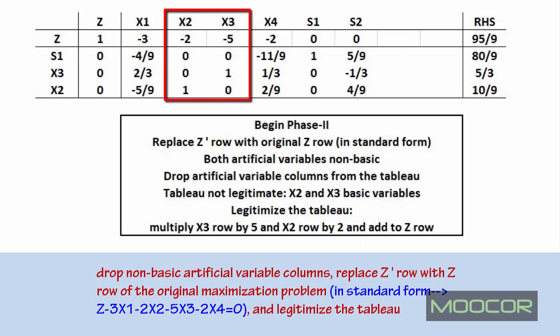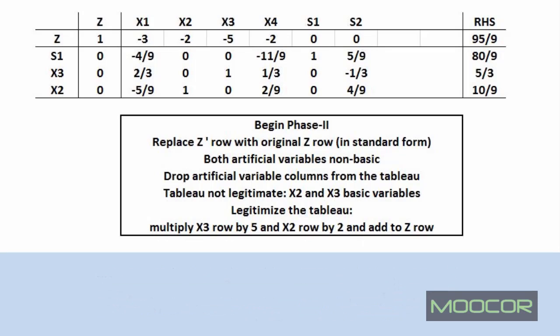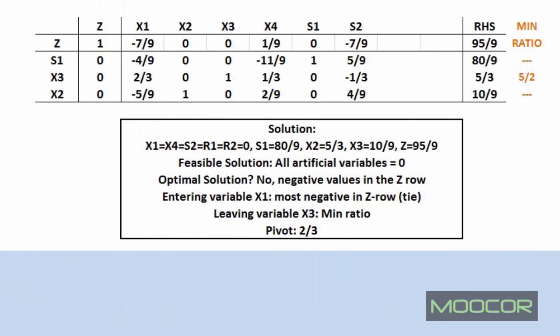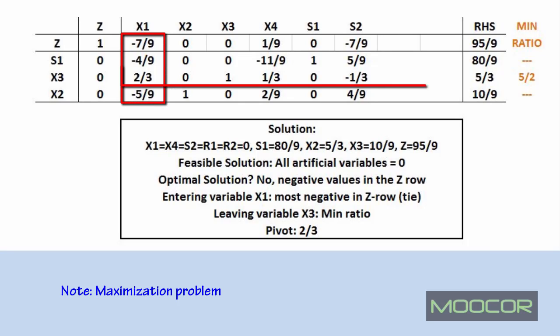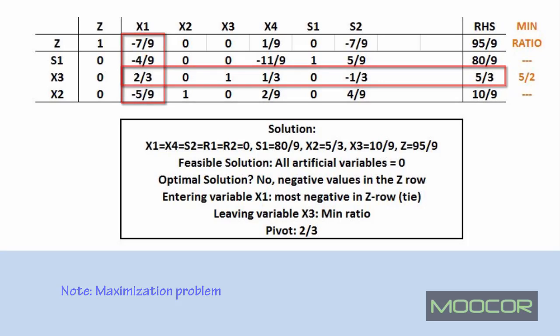Therefore, I will perform row operations to make them 0. After I legitimize the tableau, I will realize that this is a maximization problem and I have negative entries at the z row, so I will go ahead, just like the regular method, find the most negative value in the z row, calculate the min ratio and iterate.